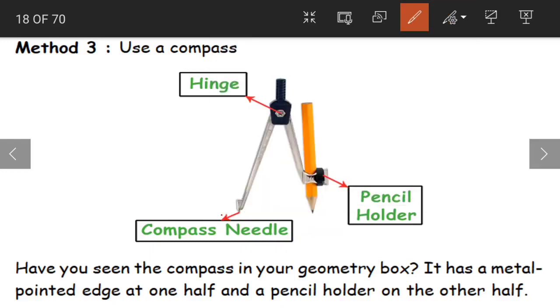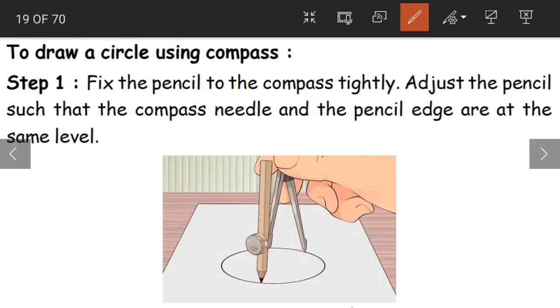You should make sure that both the needle and the pencil are on the same level. What are the things that you should check? First, you should check that the pencil is fitting inside tightly. It should be tightly fitted. The next thing is the level. The needle and the pencil should be at the same level.